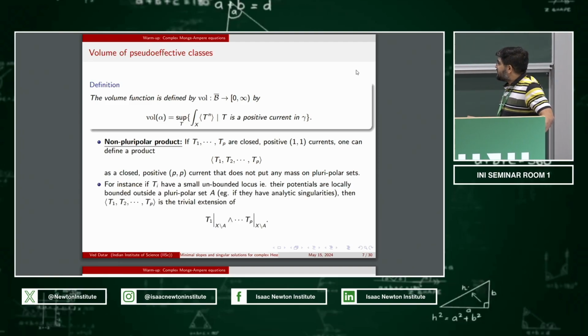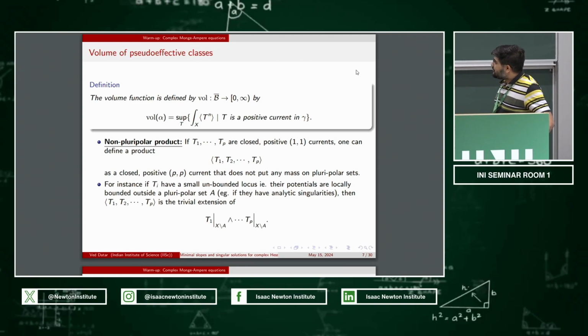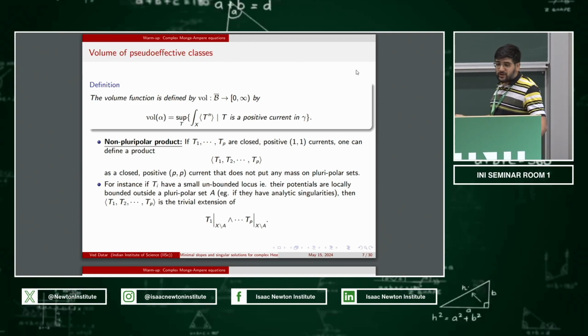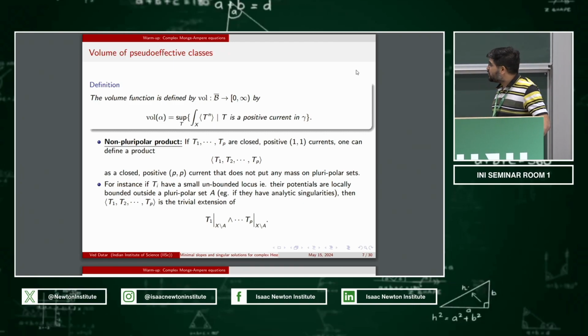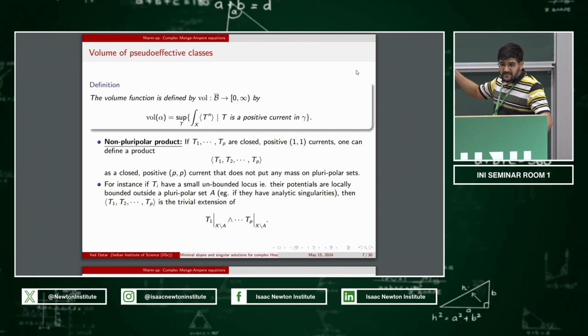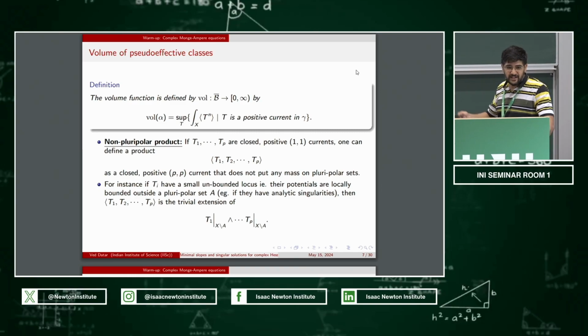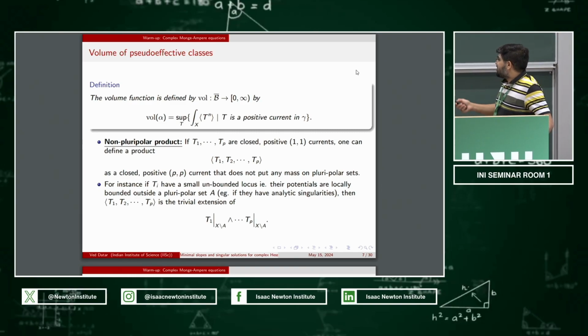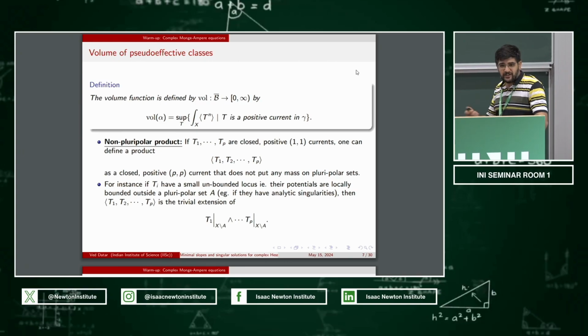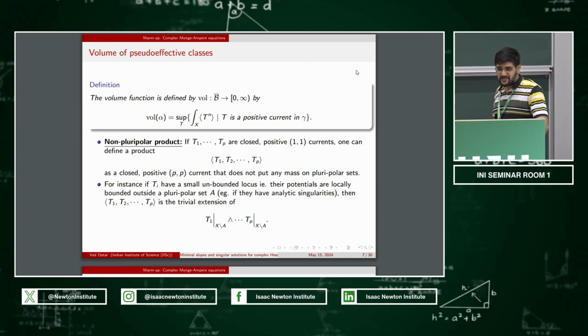For instance, if these T_i have what is called a small unbounded locus, which means that their potentials are bounded outside of a pluripolar set, for example if they have analytic singularities, then this is basically a trivial extension of the usual wedge product calculated on the complement of this pluripolar set.